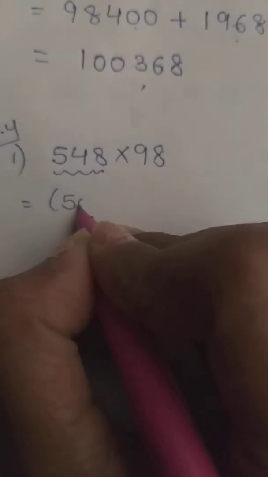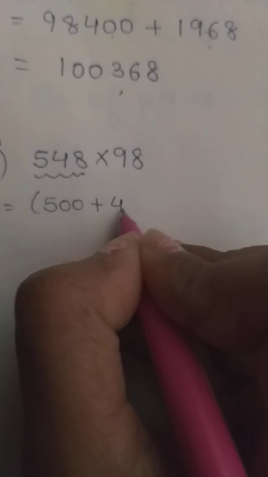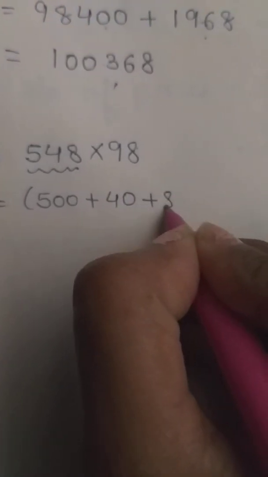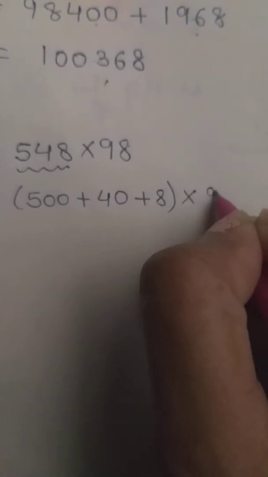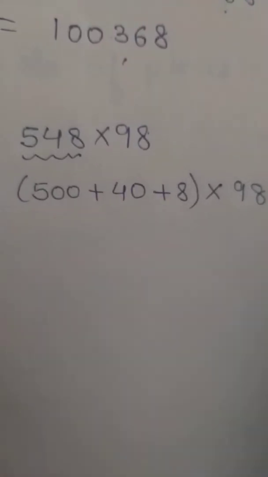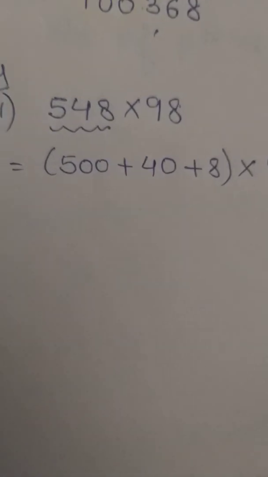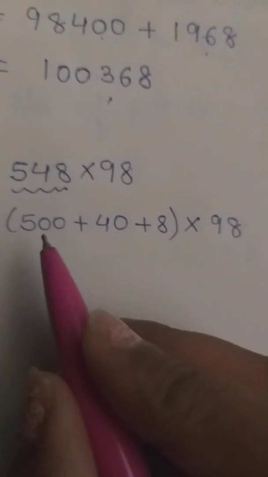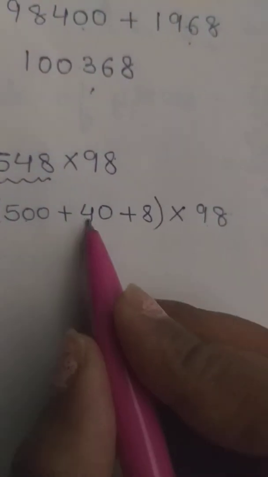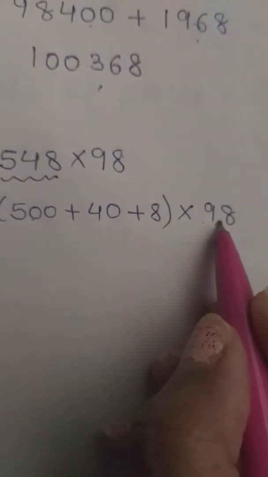I'll expand 500 plus 40 plus 8 multiplied by 98. Now 98 will be multiplied by each number in the bracket, like 500 by 98, 40 by 98 and 8 by 98.